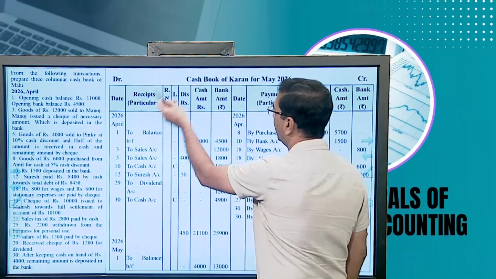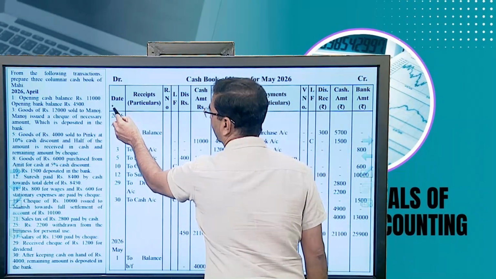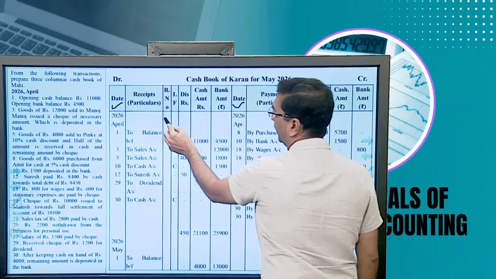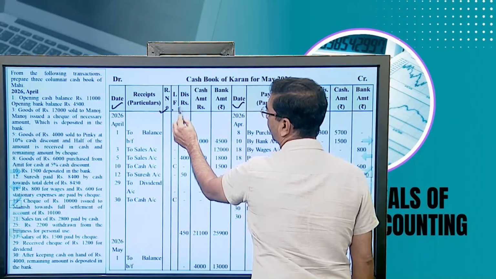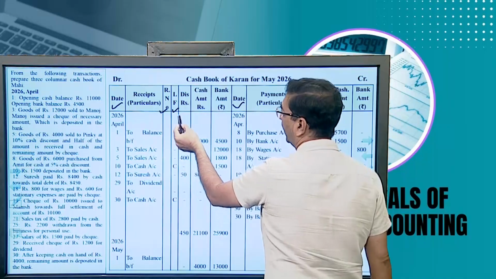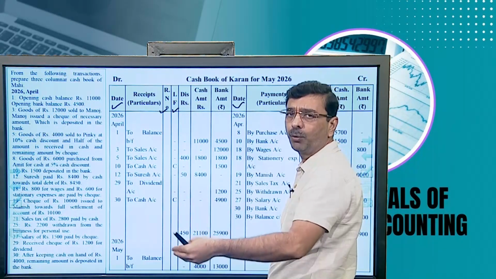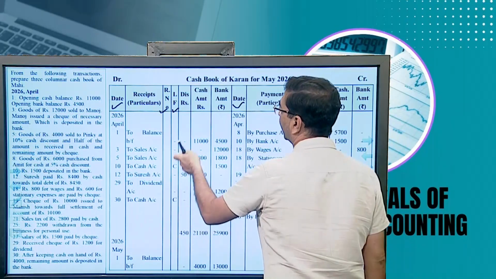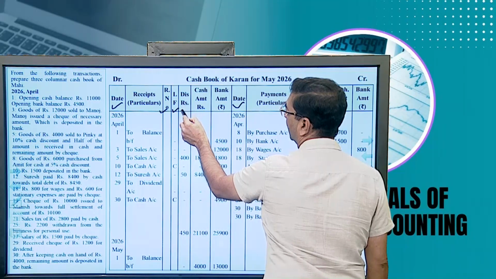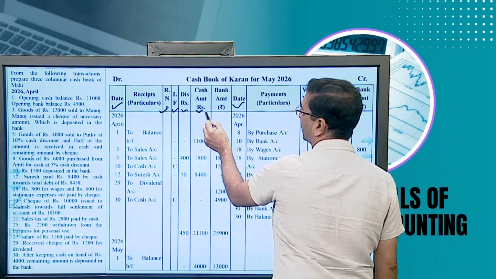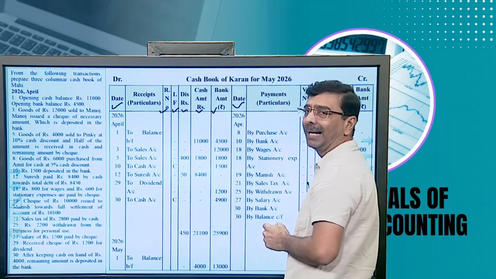If you look at the format, on each side we write the date, then the reference number and ledger folio number. The reference number is considered part of the invoice number or bill number or something like that. Then this is the discount column, then the cash column, and this is the bank column.